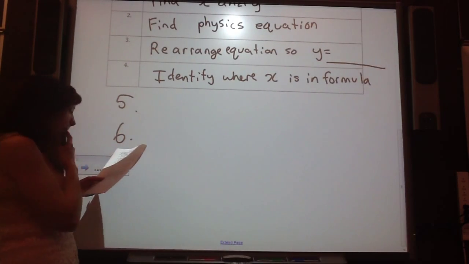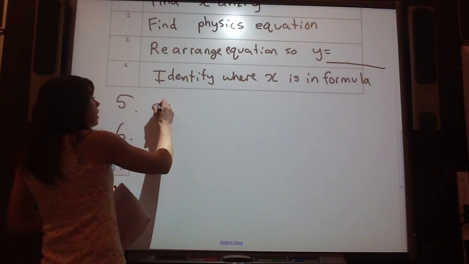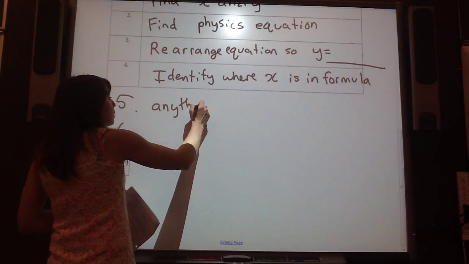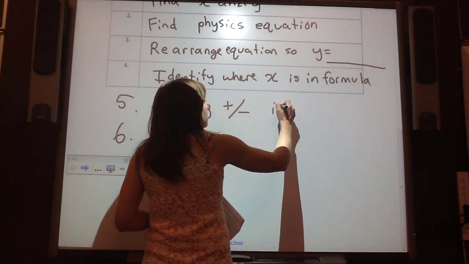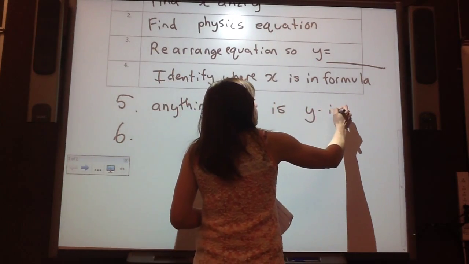Number 5, anything added or subtracted is y-intercept.